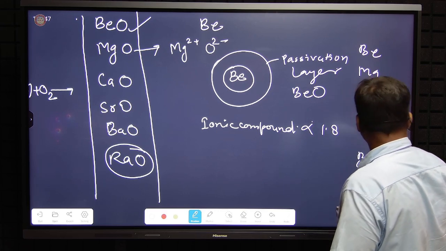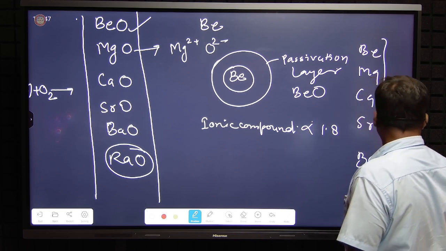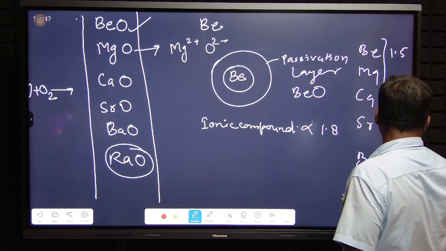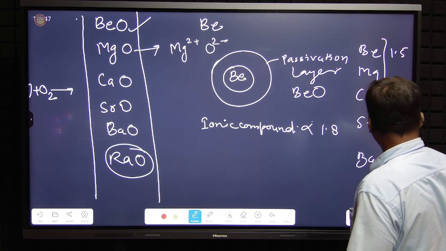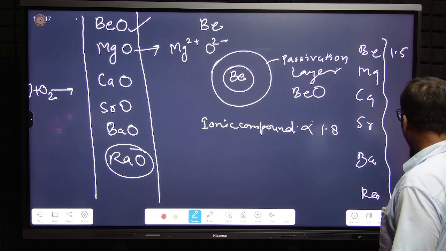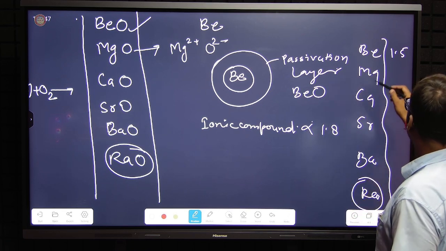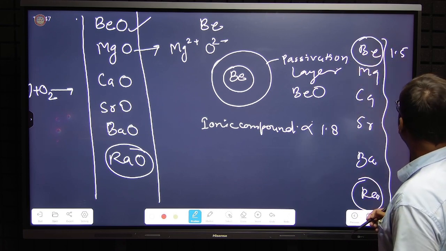So electronegativity varies 1.5 to 0.9. The least electronegative metal is radium, and the most electronegative metal is beryllium.